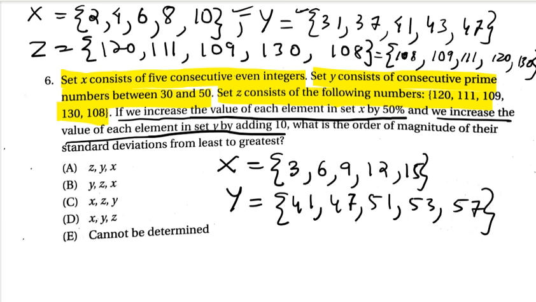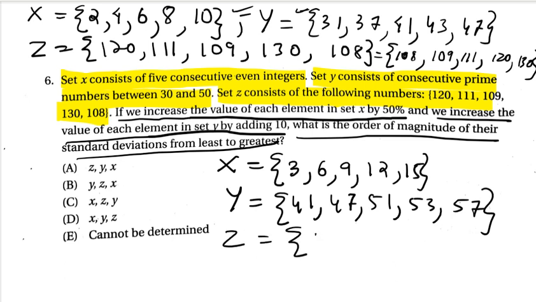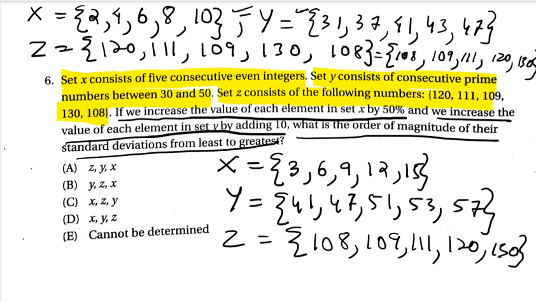Let's go on. Then what is the order of the magnitude of their standard deviation from least to greatest? Now the Z set we'll have to write down: 108, 109, 111, 120 and 130.